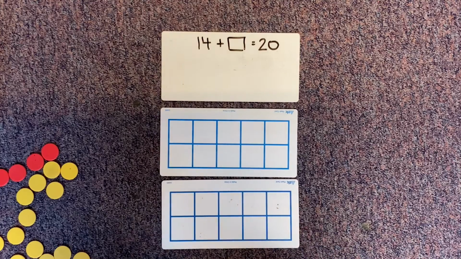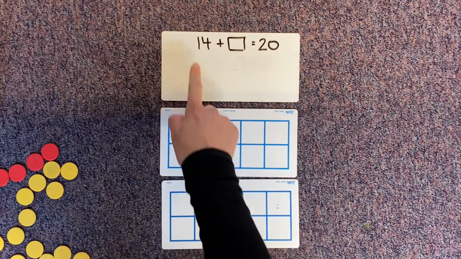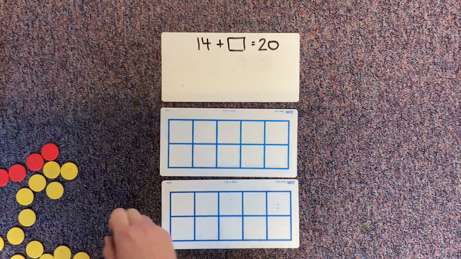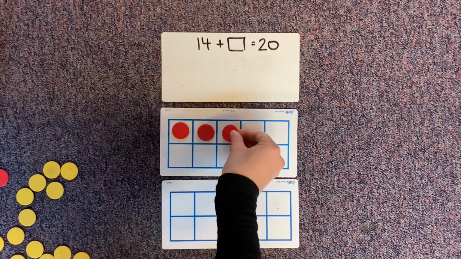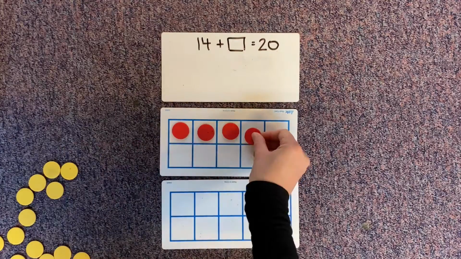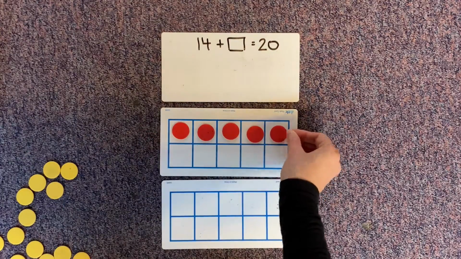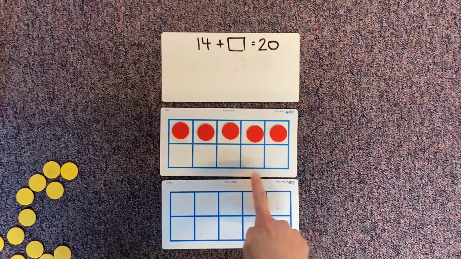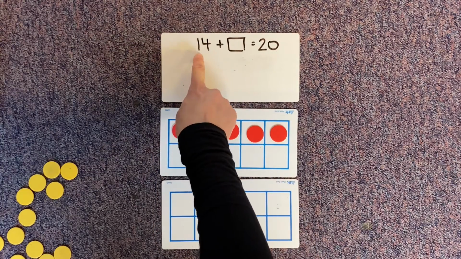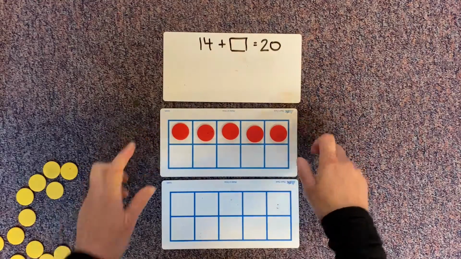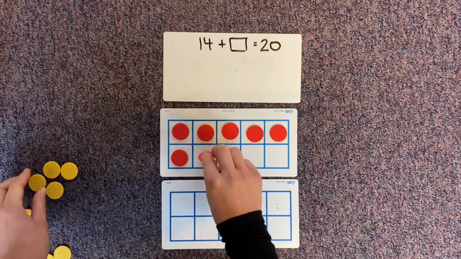Now, how many do we have to start? We've got 14. So I'm going to put 14 red counters in the 10 frame. I'm going to have to fill in this whole 10 frame because we've got the number 14, and 14 has a 10 and a 4. So this is a 10, so I'm going to fill in this whole 10 frame.